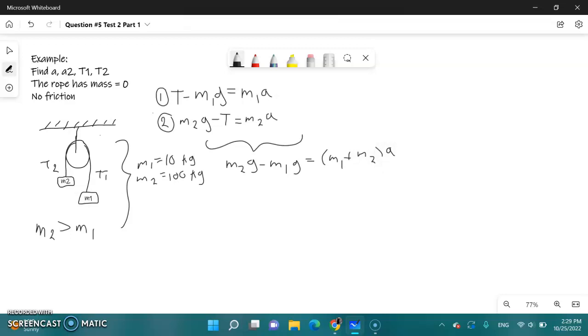Now, if we move around this equation, we can get the acceleration: M2 minus M1 times the force of gravity over M1 plus M2. And now plugging in the values that we're given, M2 is 100 minus M1, which is 10.